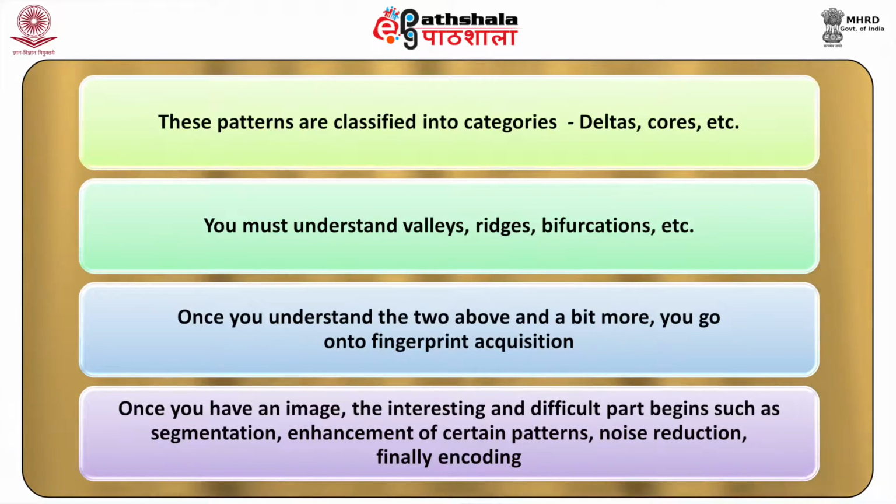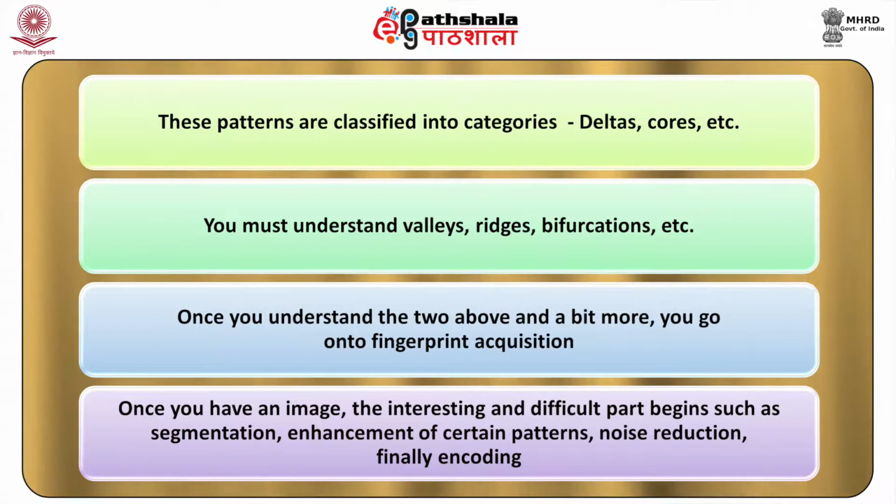These patterns are classified into categories such as deltas, cores, etc. You must understand what valleys, ridges, bifurcations, etc. are. Once you understand these two things and a bit more, you go on to the fingerprint acquisition step.